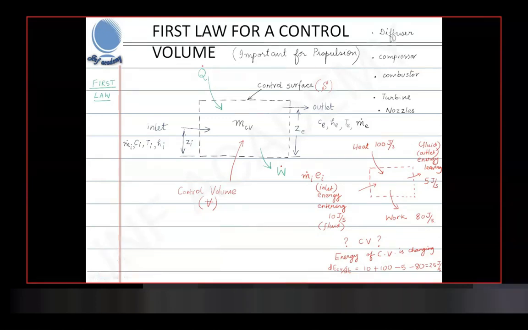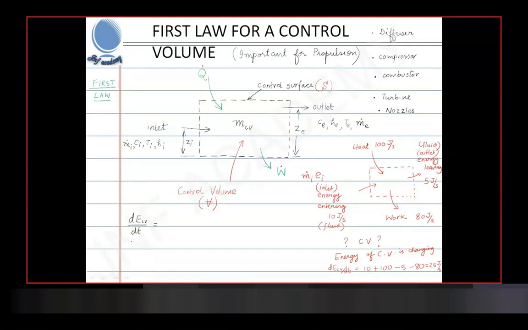So you have m dot into ei plus q dot is equal to m dot into ee plus, oh, one minute. I think I have done the balance assuming that the control volume is steady. I'm going to do dECV by dt.